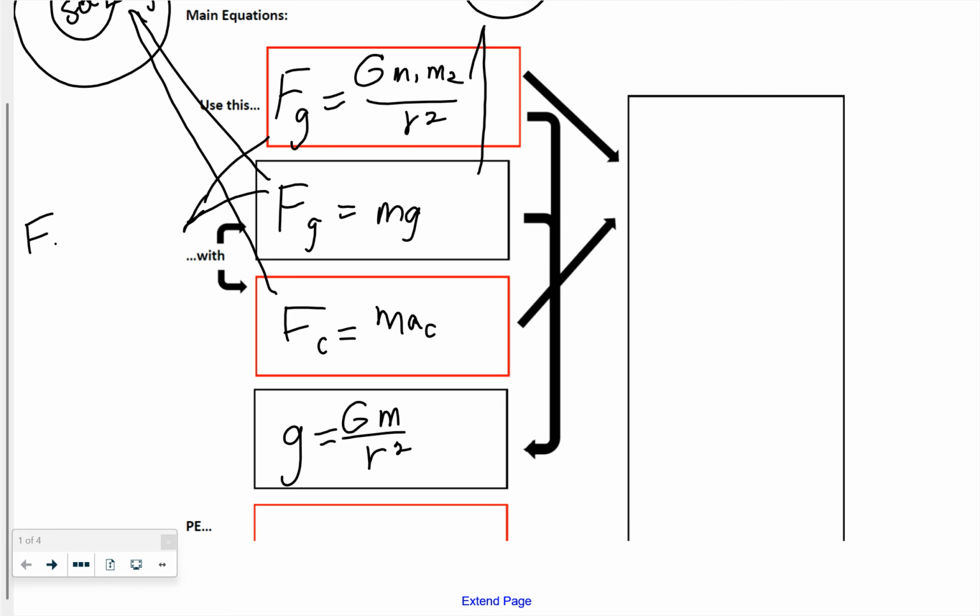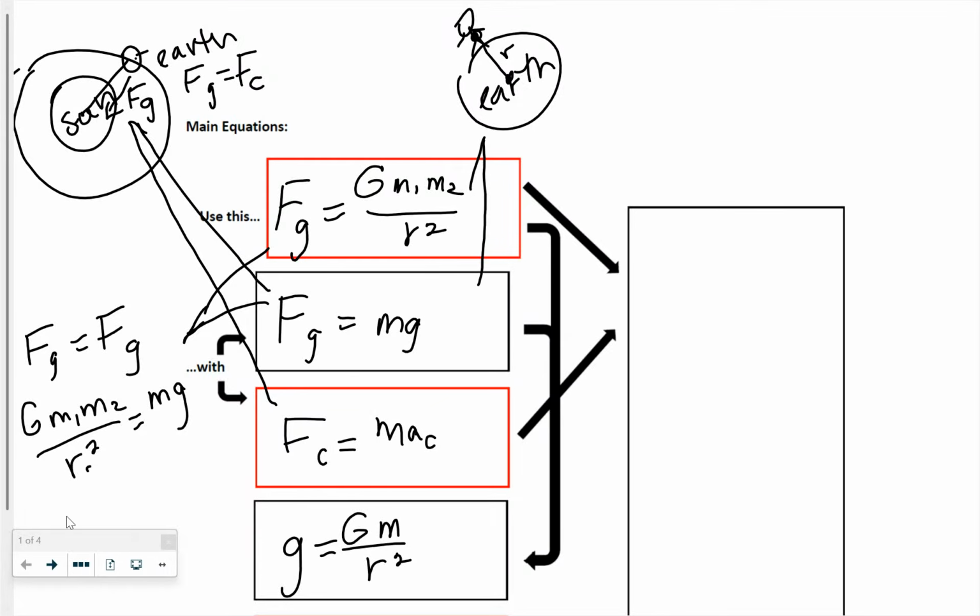We're setting force of gravity equal to force of gravity, which seems silly, but it's big G m1 m2 all over r squared, sorry about that little mark there, is equal to m times g. Now, remember, this is the m and the g for me up here. This is this picture.